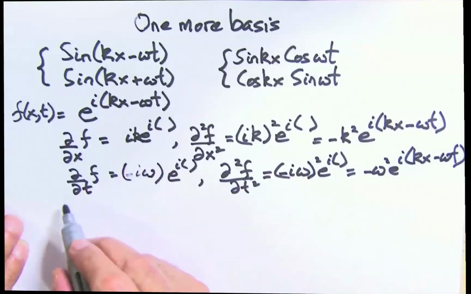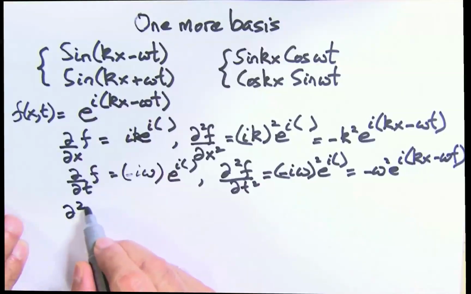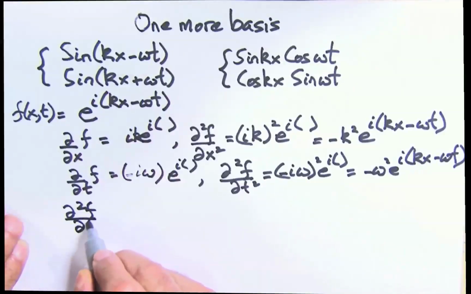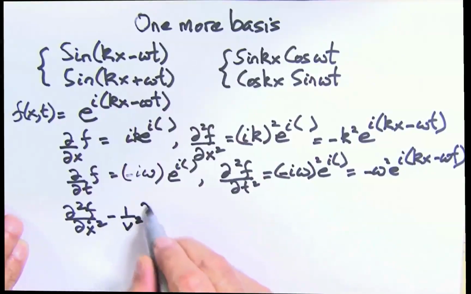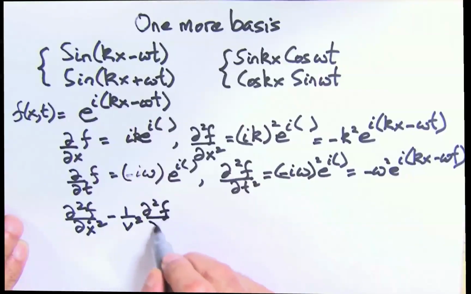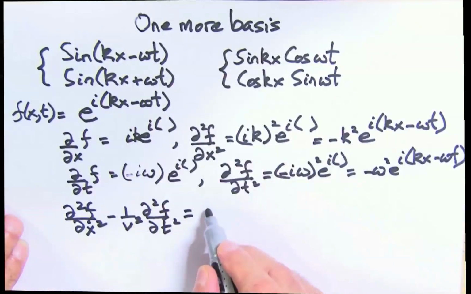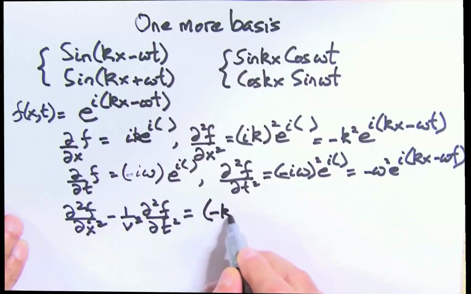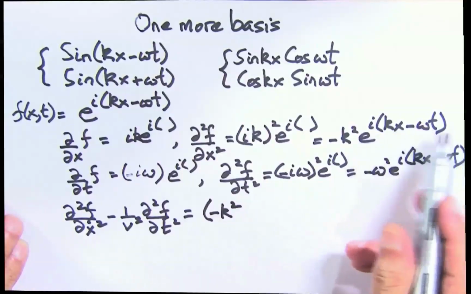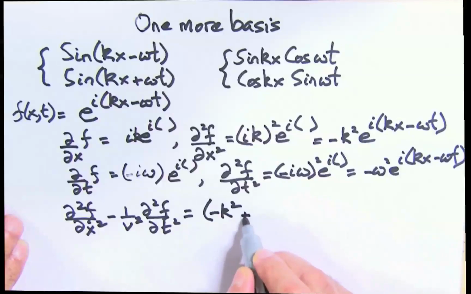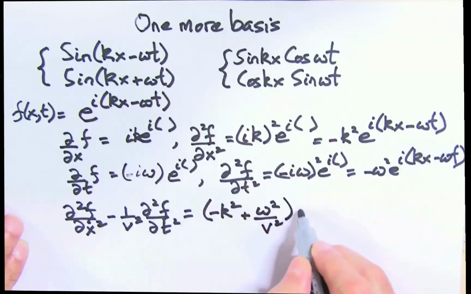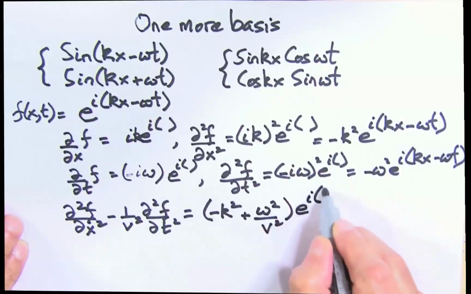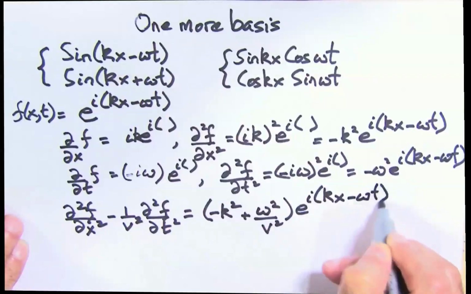All right? It's obvious from here that d2f by dx squared minus 1 over v squared d2f by dt squared is equal to, from the first one I have minus k squared e to the i kx minus omega t, and from the second I have omega squared over v squared e to the i kx minus omega t.